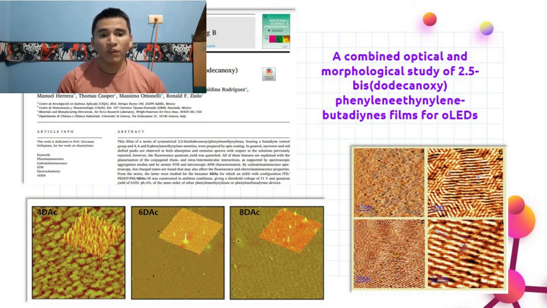Below we'll specifically talk about the article: a combined optical and morphological study of 2,5-bis(connected phenylene butadiene) fields for OLEDs, in which we found that the morphological properties were investigated at the atomic level by STM and at the macroscopic level by FFM to obtain information on the molecular organization in the sample and its relationship with the type of spectroscopic aggregates.